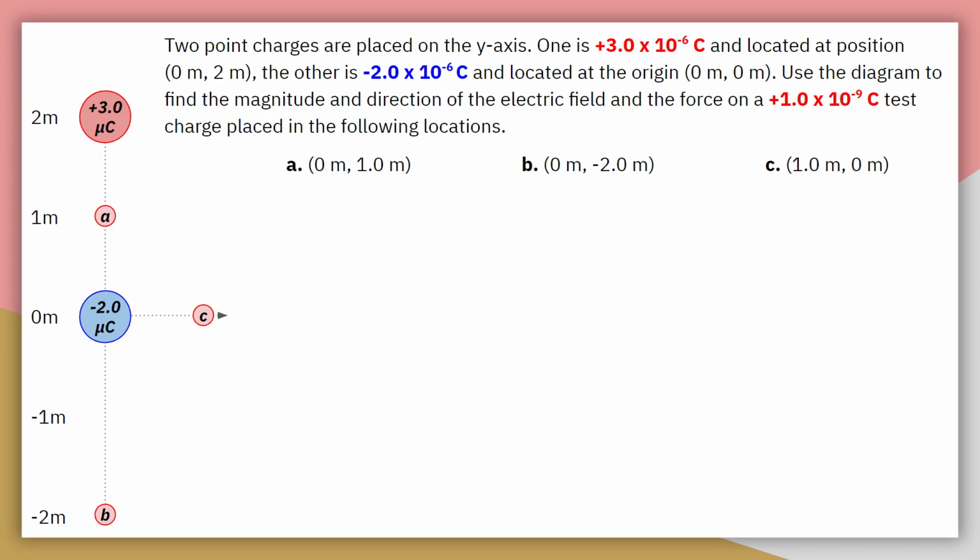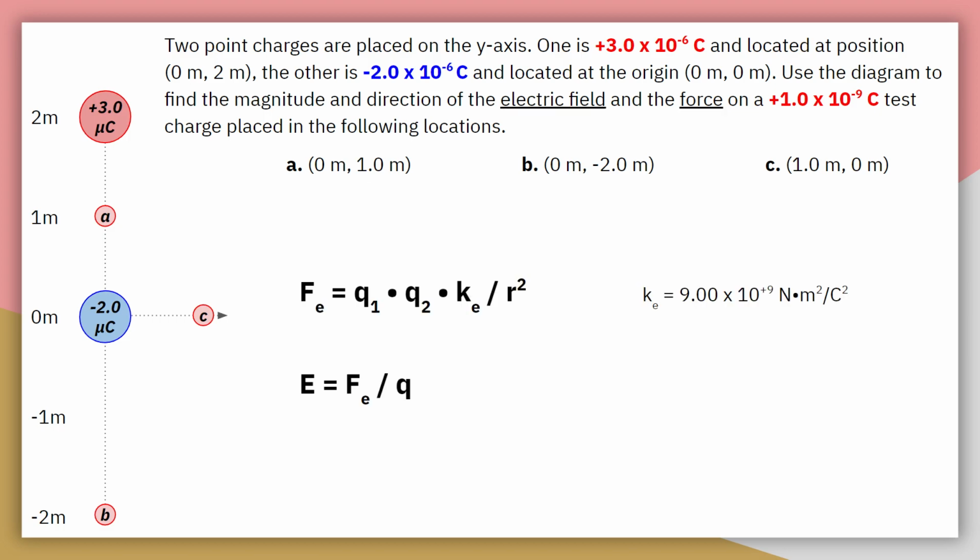So that makes the charge on each of those three locations for the test charge only positive 1 nanocoulombs, which is going to be 3 orders of magnitude less charged than either of the 2 point charges. That is by design, because the test charge should have a positive charge, but not be large enough to alter the electric field that is being tested. That's why such a lightly charged object is going to be used.